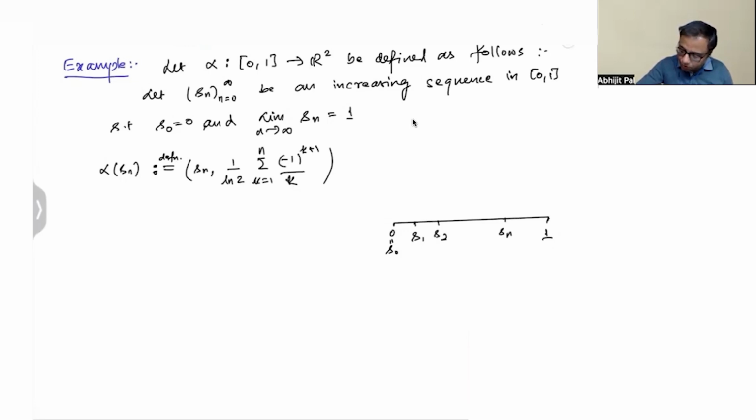This height here is alpha Sn, which is my alternating sum. The coordinate of this point in R2 is Sn comma alpha Sn.